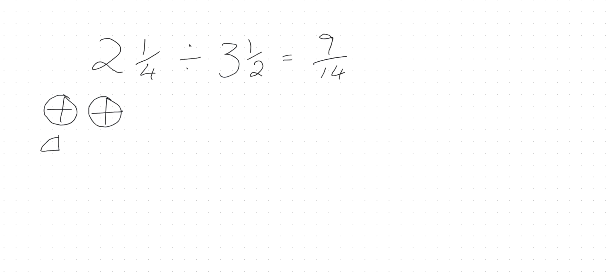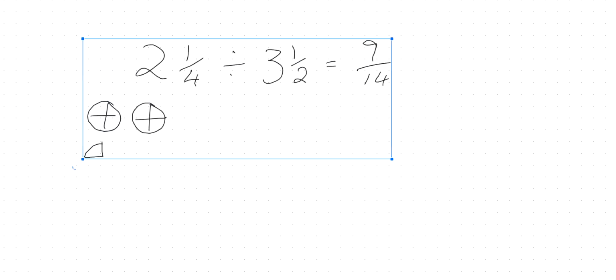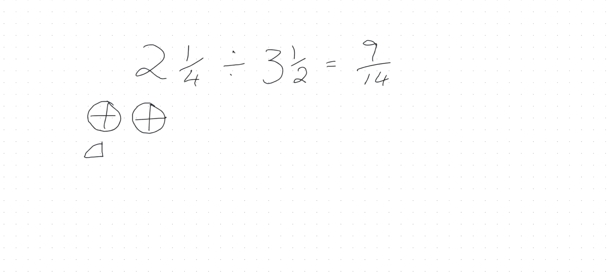If I count my quarters up, I've got 1, 2, 3, 4, 5, 6, 7, 8, 9. So I've got 9 quarters. On the other side, I've got 1, 2, 3 and a half. So if I split each of my whole ones into halves, I've got 1, 2, 3, 4, 5, 6, 7 halves. So I've got my 7 halves here.